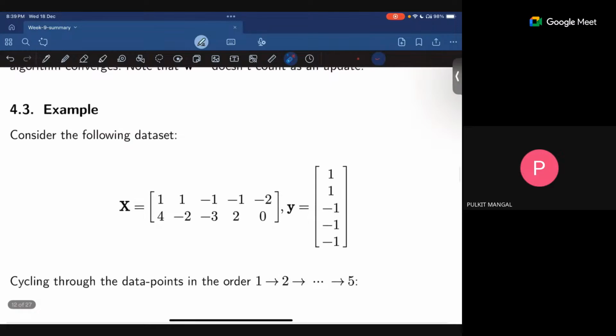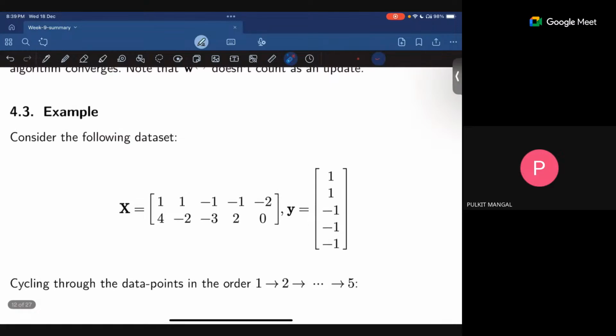So we will illustrate one example. We have this data set, which is of order d cross n. Each column is a data point, and we have a label vector, and for the perceptron algorithm we will cycle through the data points from 1, 2, 3, 4, 5 in the given order.